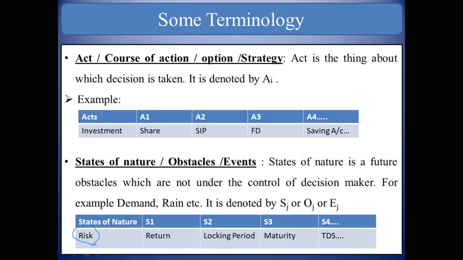For example, whether I will get maximum return or minimum return, or if minimum then how much, 8%, 6%, 10%, what. So again it is not decided, or we cannot decide it well in advance, or it is not under the control of the decision maker. So it is called states of nature.